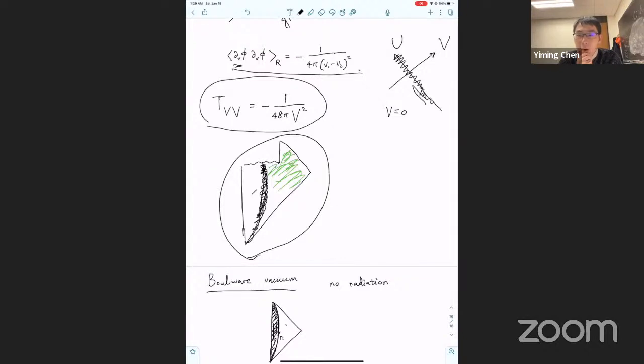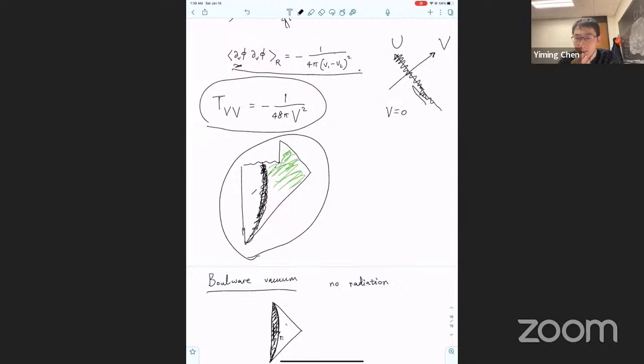We always define the energy with respect to some coordinate. Let's say we define the energy with respect to t, and we do a diffeomorphism taking t to t prime equals lambda t, the energy will be divided by lambda. So it's not an invariant notion under diffeomorphism, at least not naively.